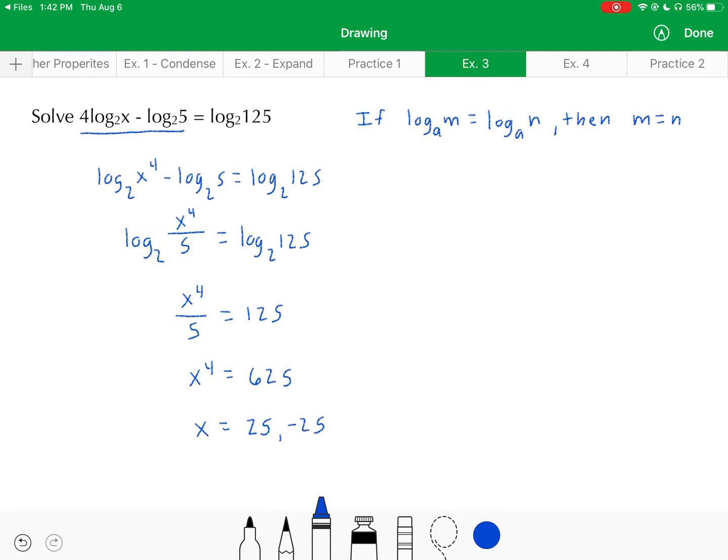But recall, when you plug any of these numbers back into your equation, if they make any of the logarithms have an argument that is negative, that logarithm would be undefined, okay? So that means this negative 25 actually has to be thrown out. And we can only keep the positive 25 for our solution, okay?